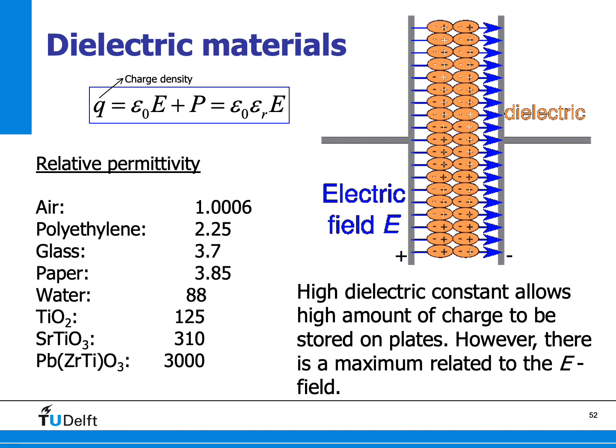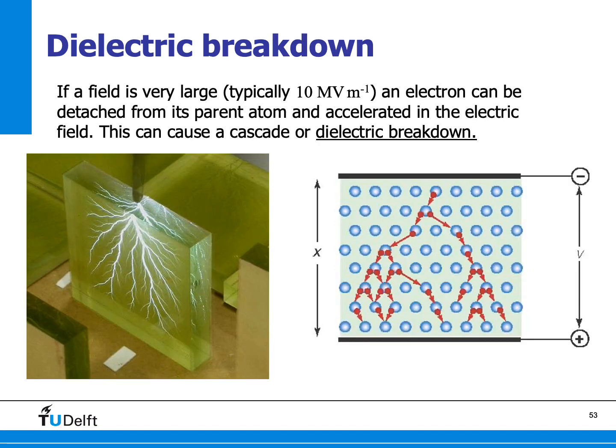So a high dielectric constant allows a high amount of charge to be stored on plates. But there is a maximum related to the electric field, and that is related to breakdown. What happens at dielectric breakdown?